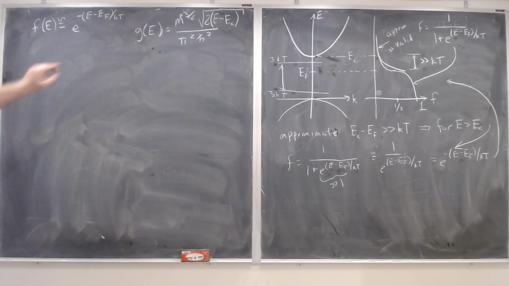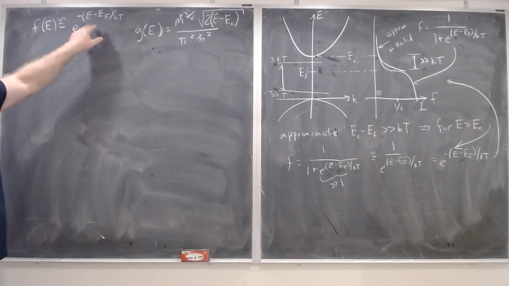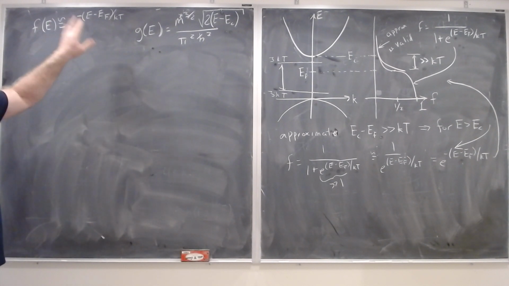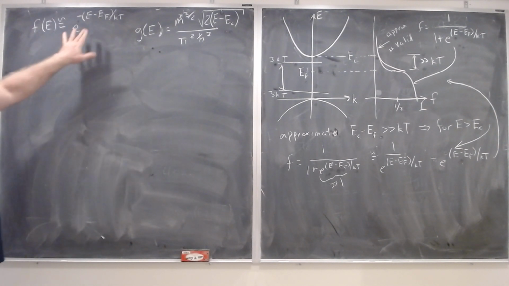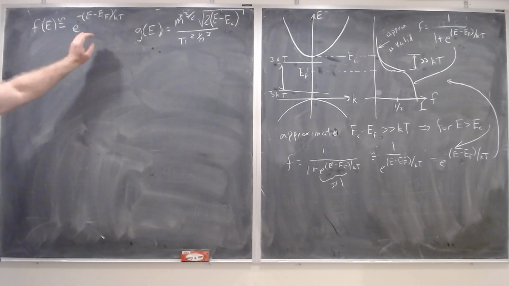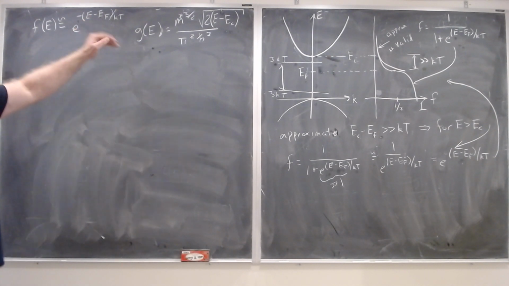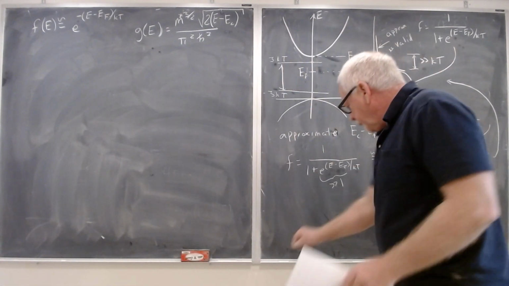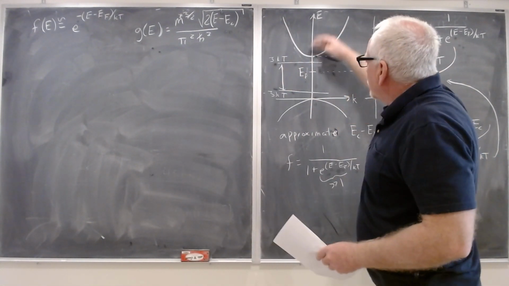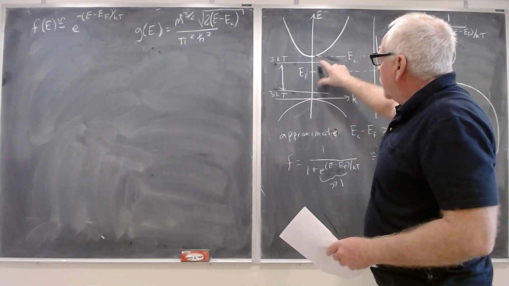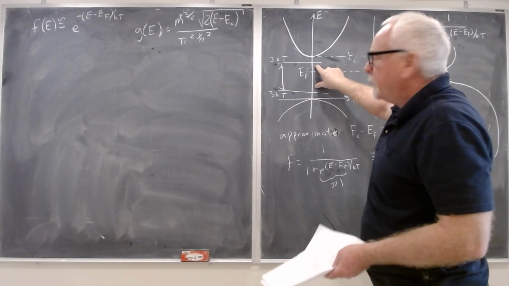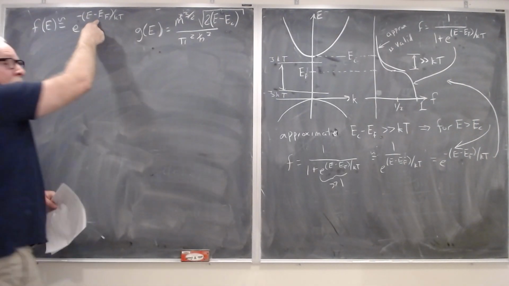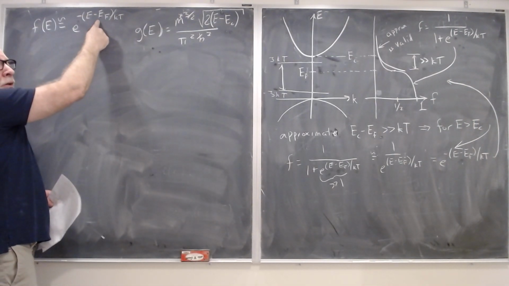Now, you may be getting annoyed because I'm putting a minus in, and it's because I want you to think about F correctly, since we're talking about energies above the conduction band bottom. EF is in the band gap, obviously, so E minus EF is a positive quantity for this analysis.